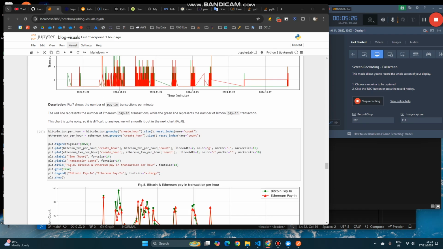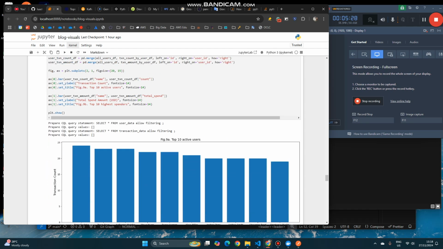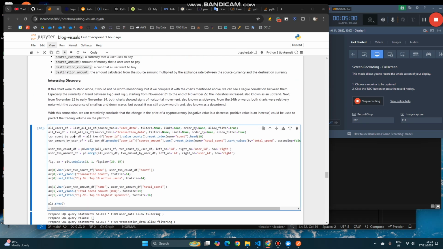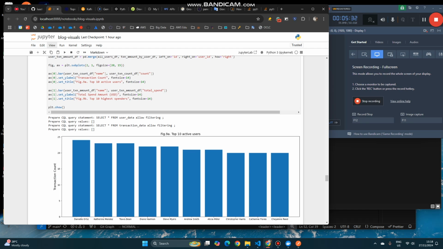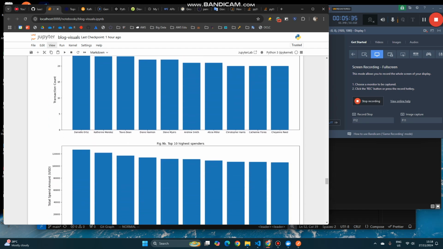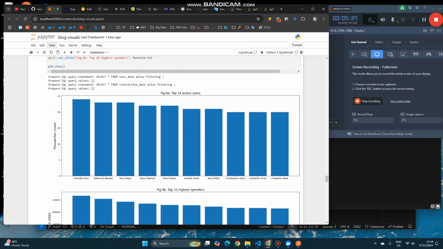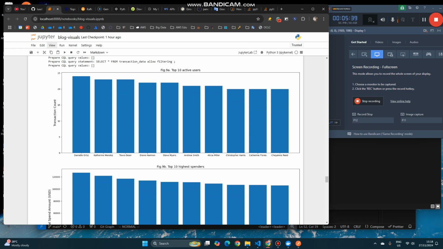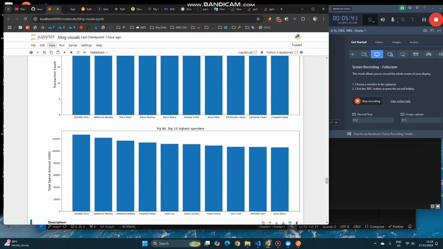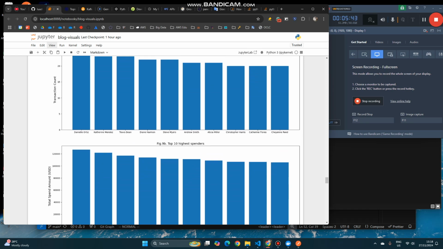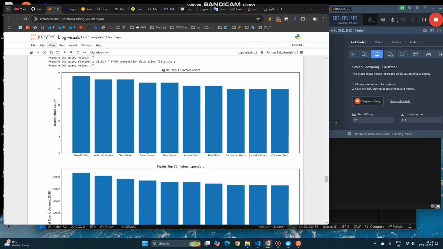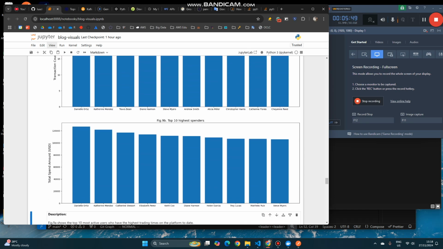Let's move to the next plot that I found. These two plots are about the top active users and the top highest spenders. So I just want to list the top 10 users who make the most transactions and who spend the most amount to buy cryptocurrency.